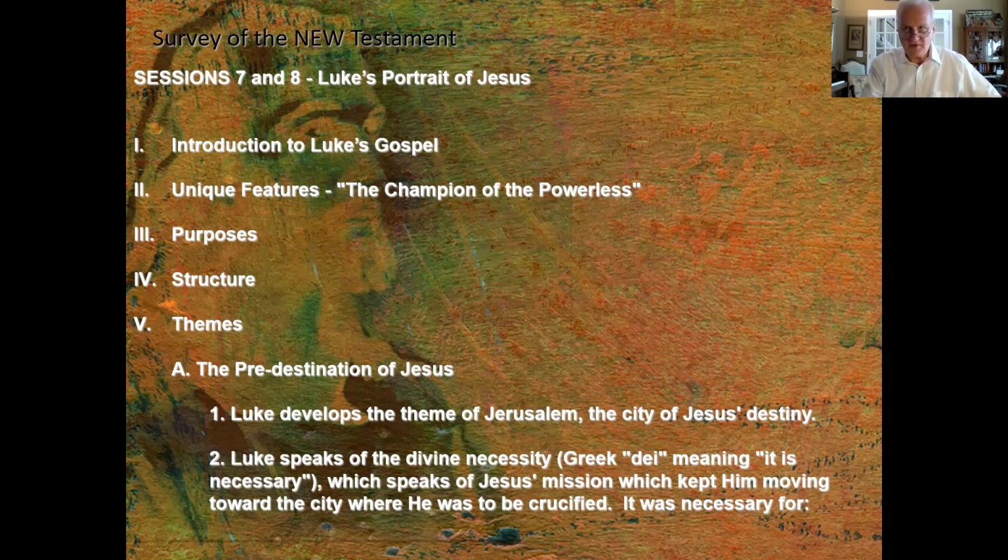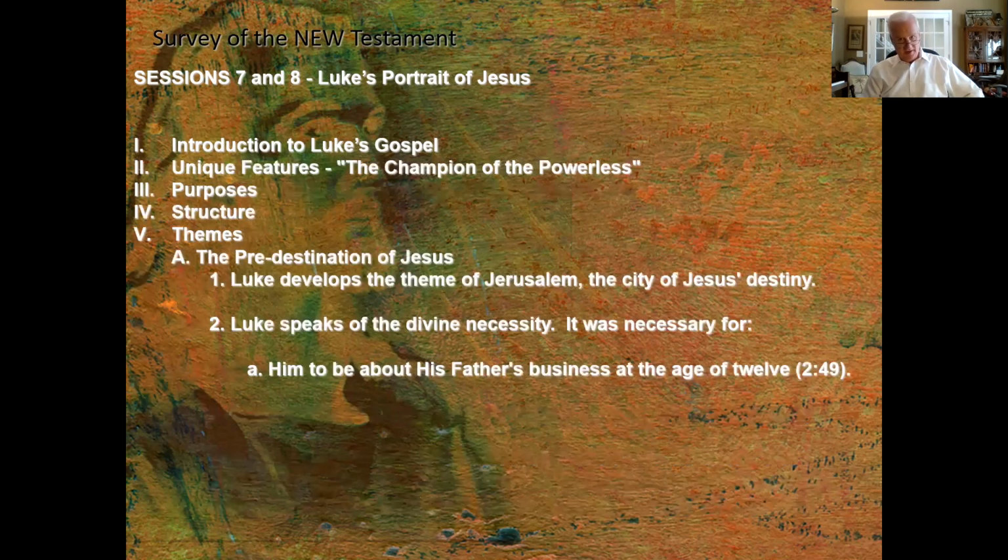And Luke develops this theme of divine necessity in several instances. First, he says that it was necessary for Jesus to be about his Father's business as early as the age of 12.